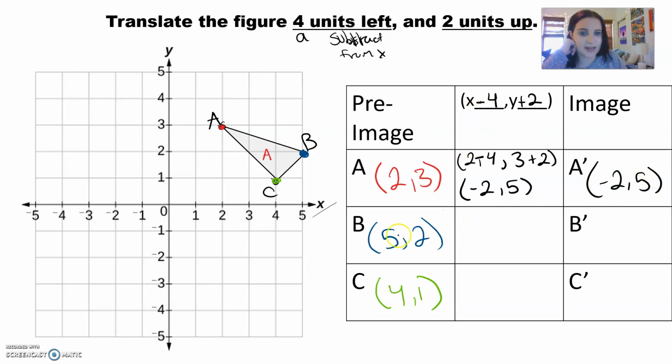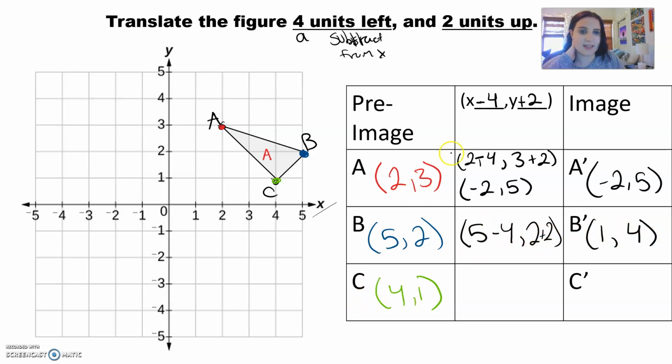Again, x minus 4, so my x coordinate for B is 5, so I'm going to do 5 minus 4, comma, my y value is 2, 2 plus 2. So now B prime is 5 minus 4, which is 1, and 2 plus 2 is 4.